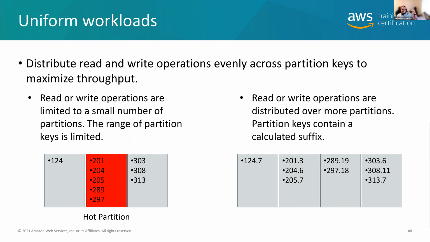If all your data is numerical, like ordinal, basically going in order, like the one on the lower left hand side, you're going to end up with all your data on one backend server. You're not going to get the maximum number of reads and writes off of your DynamoDB table if Amazon puts all your data on one server. Now look at the one on the right hand side. Because they added a random suffix to the names, even though it's still starting with 200 to 289, you're now across 2 or more servers because you've added a random pattern to the end, right?